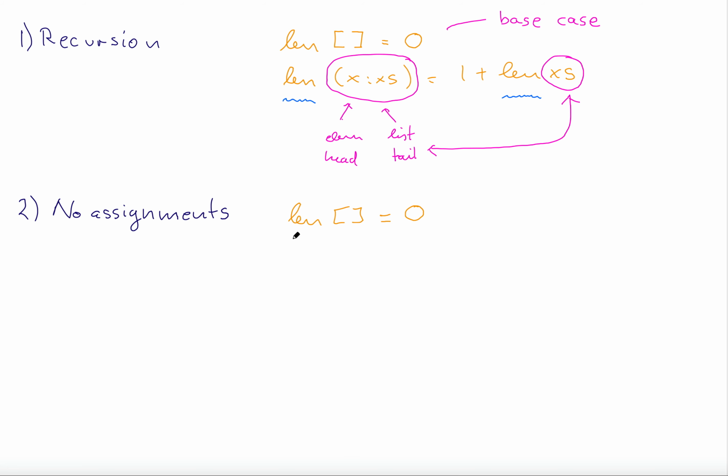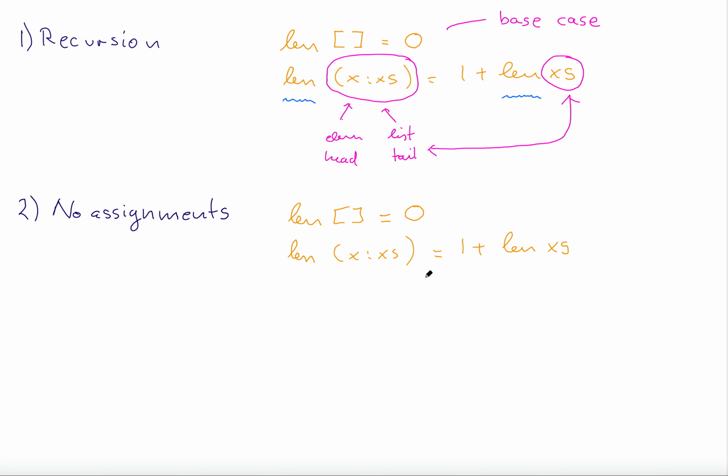If we write down the equation that the length of the empty list is 0, we're really just writing down an equation. You can think of this as a mathematical equation stating a fact about the function length. And the same for the other equation, which is telling us that the length of a non-empty list is 1 plus the length of the tail of the list.